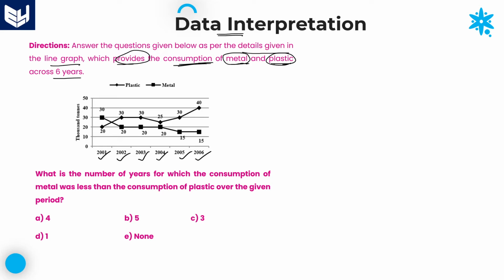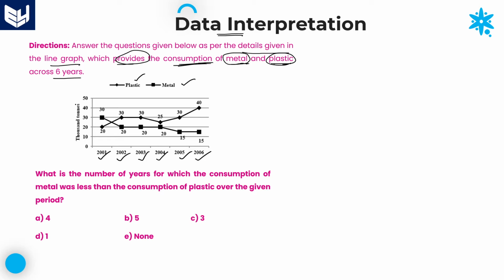Total 6 years. In these 6 years, the information is about consumption of metal as well as plastic. These values are given in the line graph.